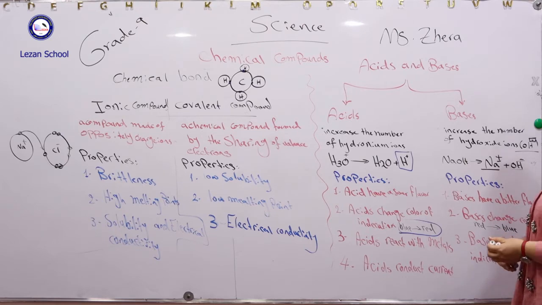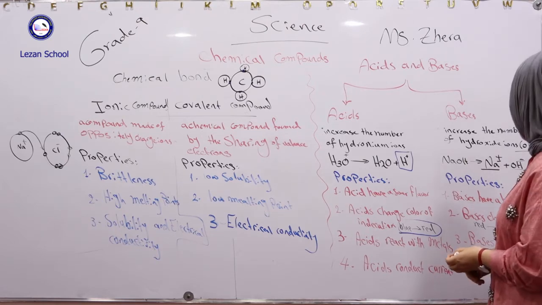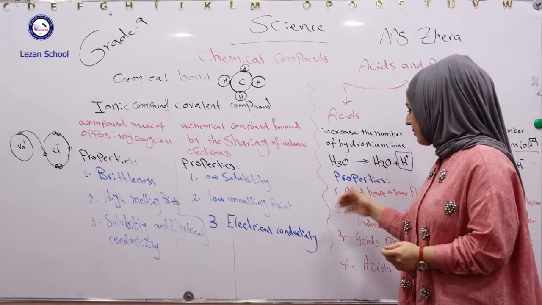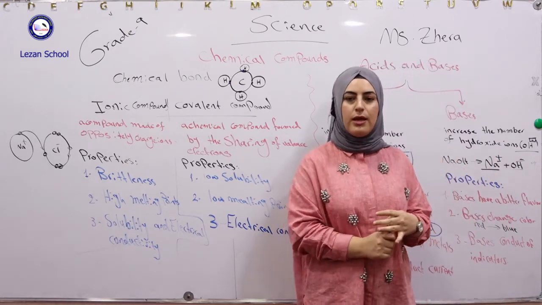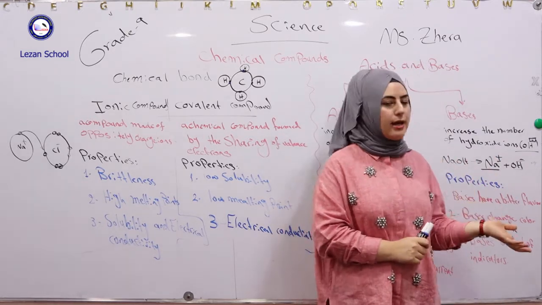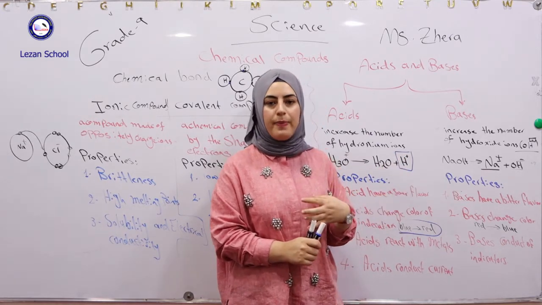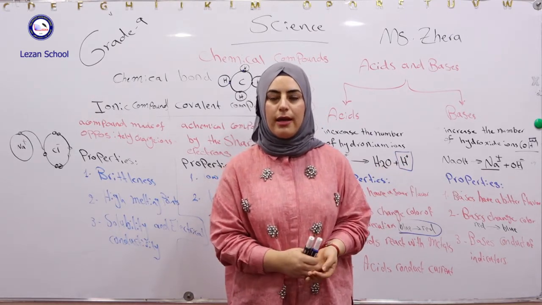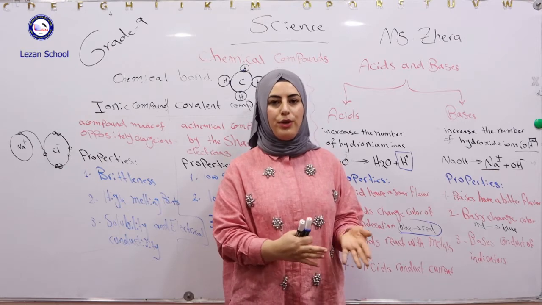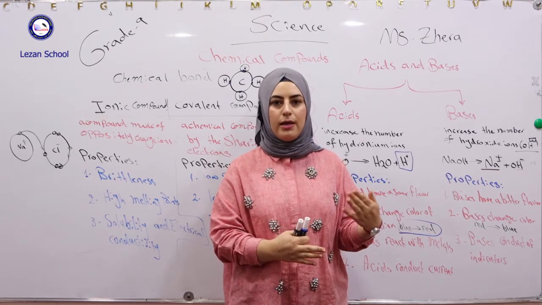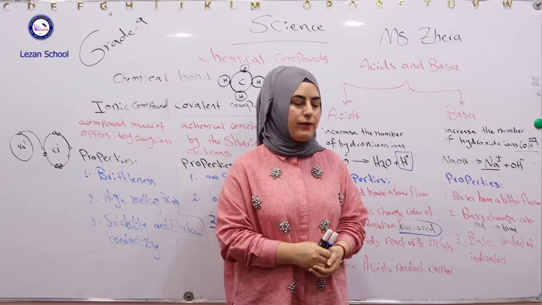Number one, bases have a bitter flavor. Like with an acid, when tasting, we can feel that. By the way, some bases can be dangerous for our body, because when you touch them with your fingers or any part of your body, you feel it.